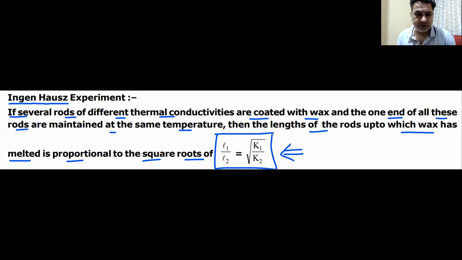I hope you have noted this down, and that takes us to the end of this class. Before ending, let me give you a quick recap of what we have done today. We started with the concept of heat transfer. There are three modes of heat transfer: conduction, convection, and radiation.